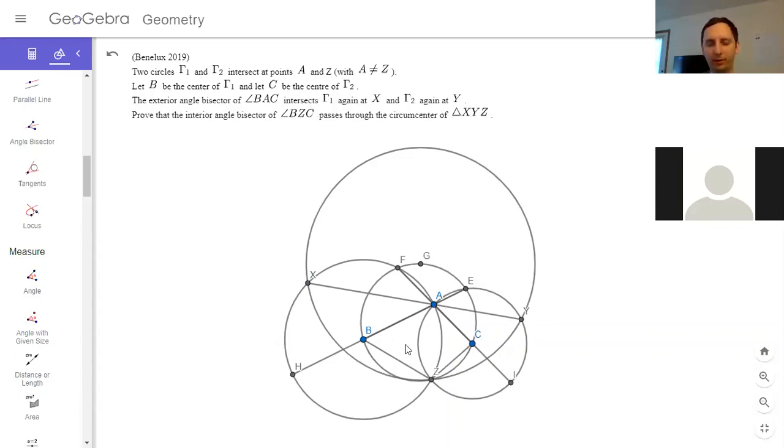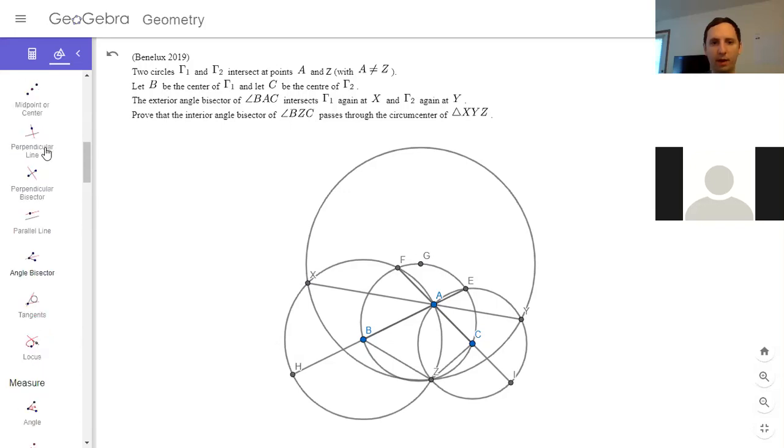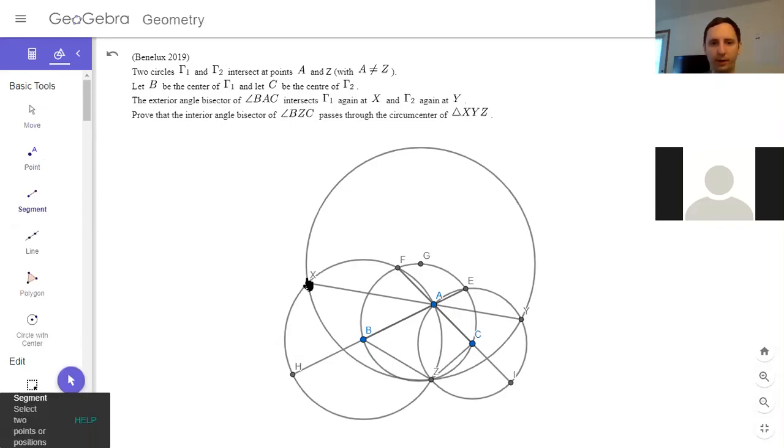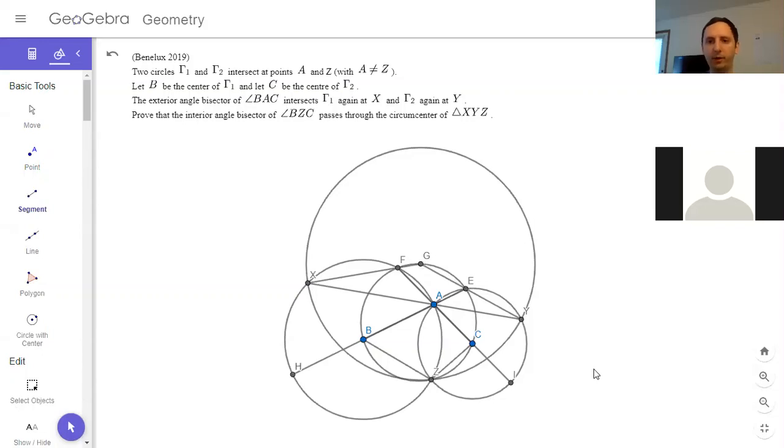I think there's just a lot of angle chasing here, but eventually we can use that to show X, F, and G are collinear. I'm going to type this out later, but we can show X, F, and G and Y, E, G are collinear with an angle chase.